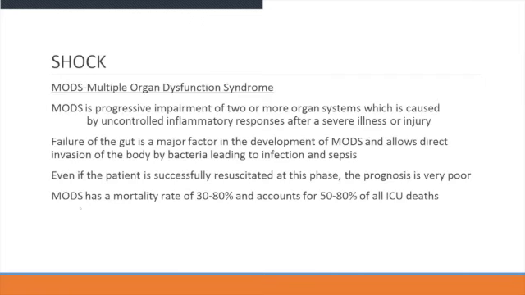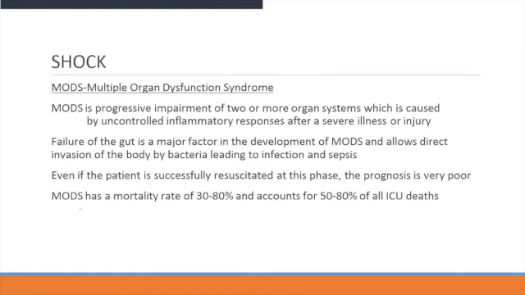MODS stands for multi-organ dysfunction syndrome. MODS is progressive impairment of two or more organ systems that is caused by uncontrollable inflammatory responses after a severe illness or injury. Failure of the gut is a major factor in the development of MODS and allows direct invasion of the body by bacteria, leading to infection and sepsis.